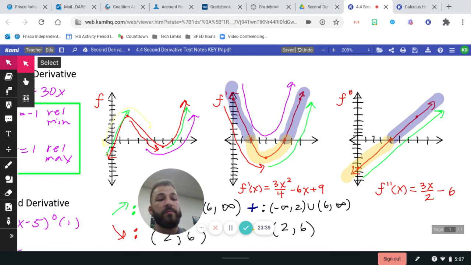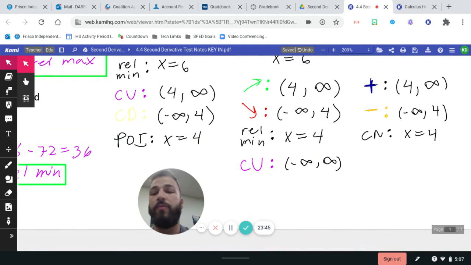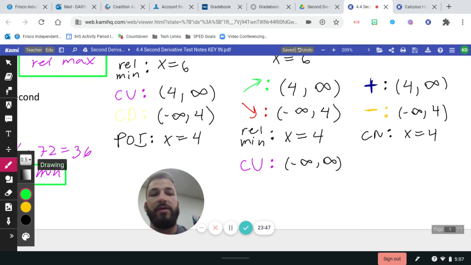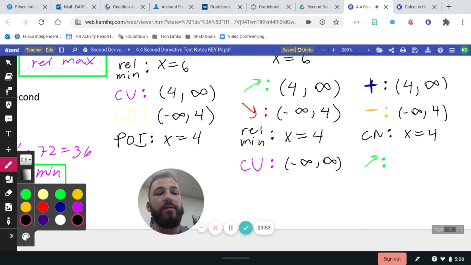Okay, so since it is increasing the entire time, it would actually be increasing from negative infinity to infinity, which, look at that, also lines up with concave up on F prime.